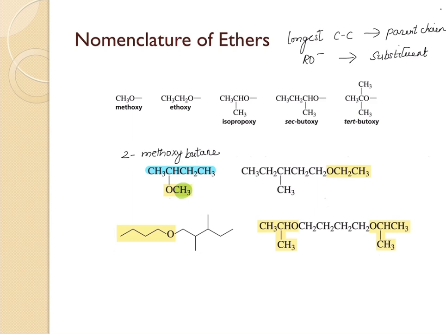Now let's go on to the next example. We'll do exactly the same thing for the next example. So here is our ether molecule. Let's find the two alkyl groups. We have an ethyl group here, and we also have an alkyl group which has greater number of carbons than the ethyl group, right? So obviously this is going to be our parent name, but this longest carbon-carbon chain is branched, right?